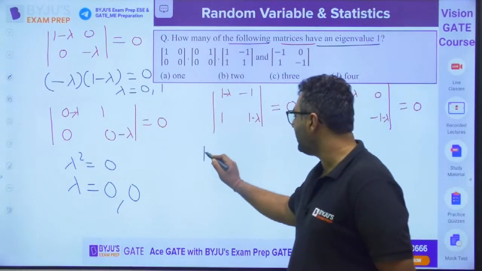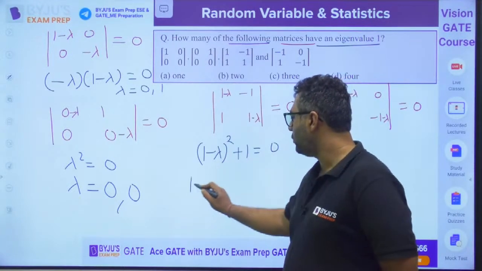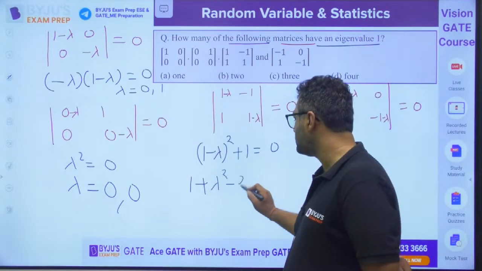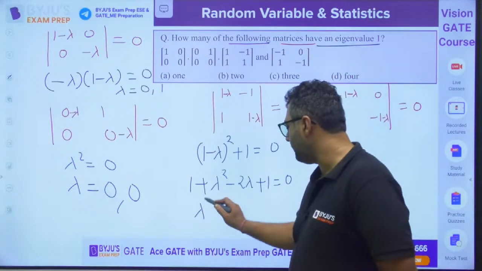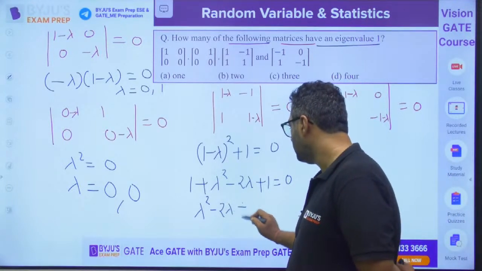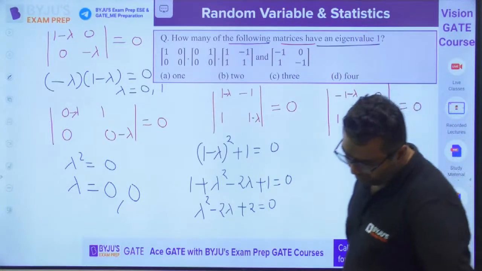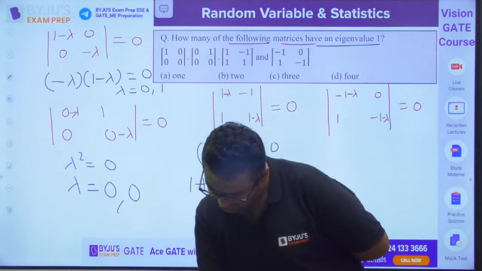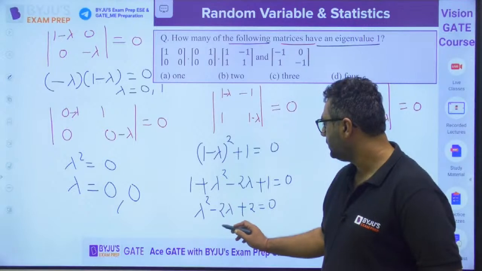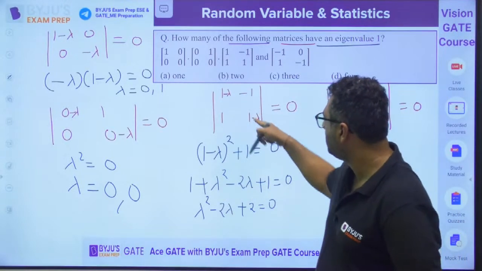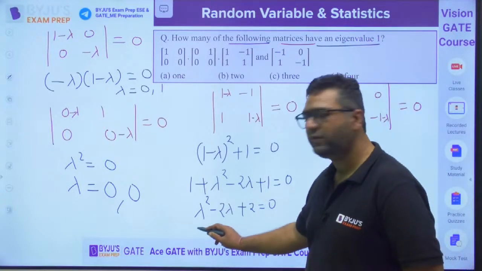Then we have this: (1 minus lambda) squared plus 1 is equal to 0. So 1 plus lambda squared minus 2 lambda plus 1 is equal to 0. So here we will have lambda squared minus 2 lambda plus 2 is equal to 0. What are the values we will get from this? After solving this, you will get iota and minus iota.